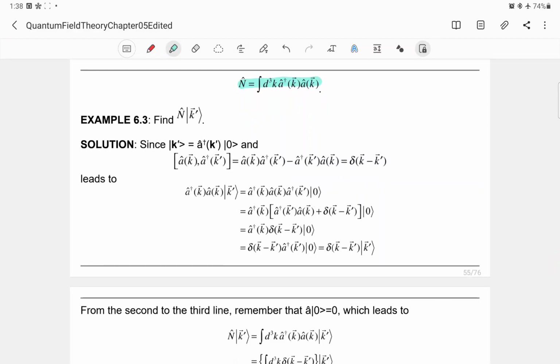Find nk prime. So we have, of course, this definition of creation of a particle with momentum k prime, and this is the commutation relation of ak and a adjoint k prime.